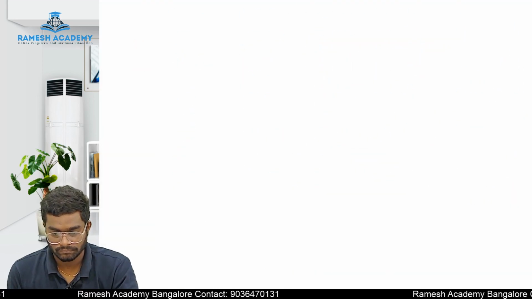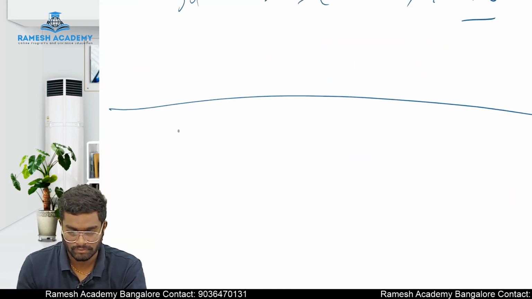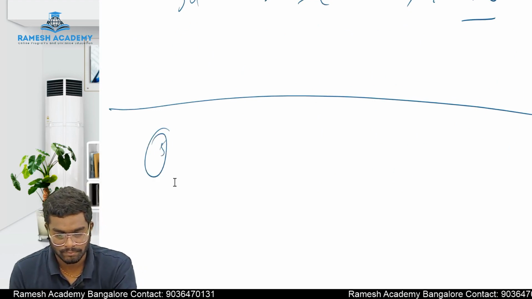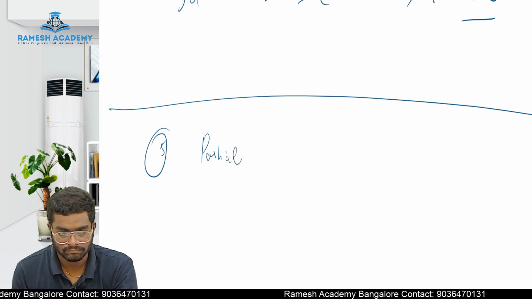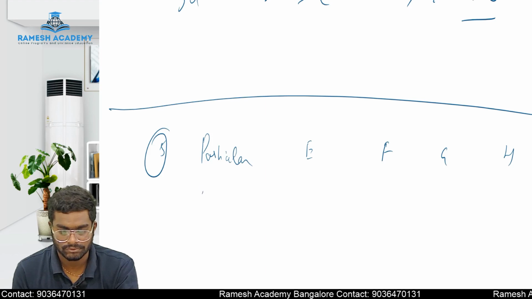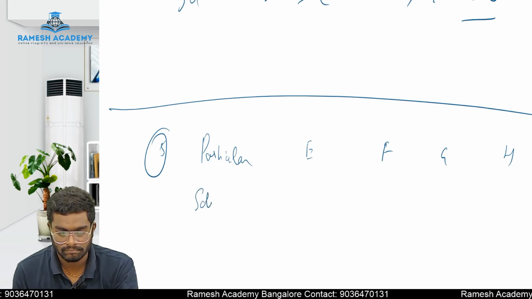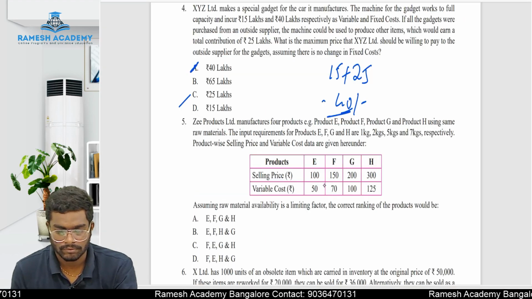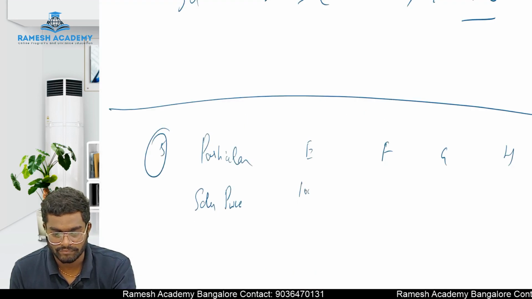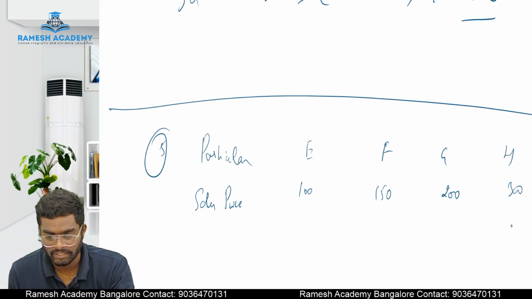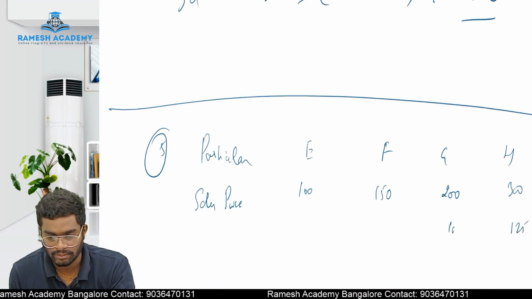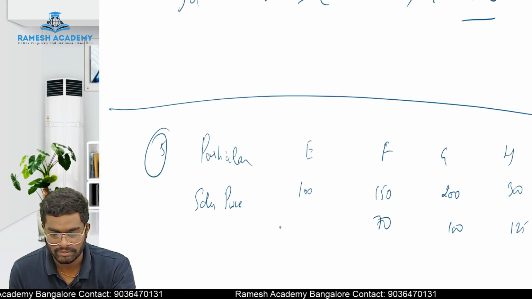So we'll solve it here. Fifth question. Particulars E, F, G, H. Sale price: 100, 150, 200, 300, 125, 100, 125, 100, 70, 50.